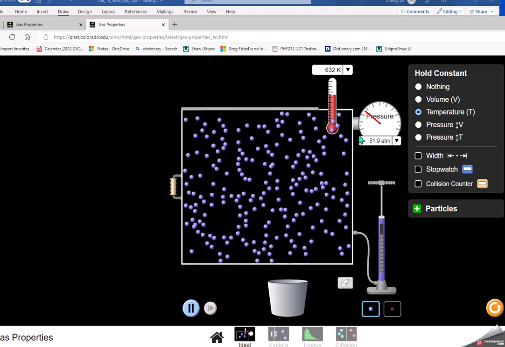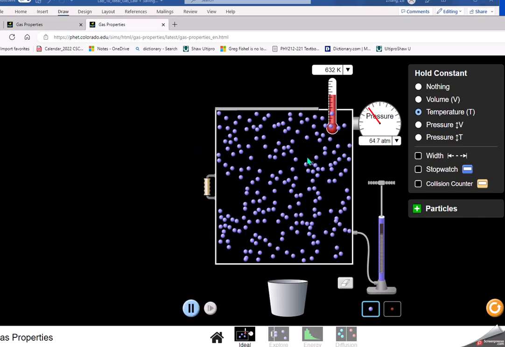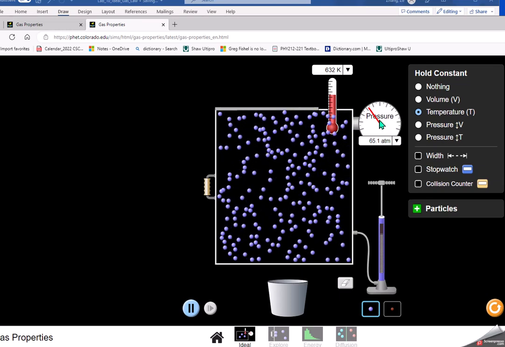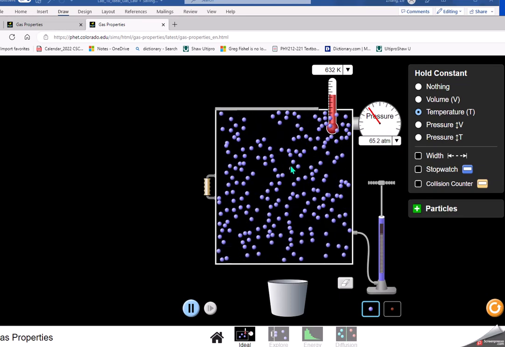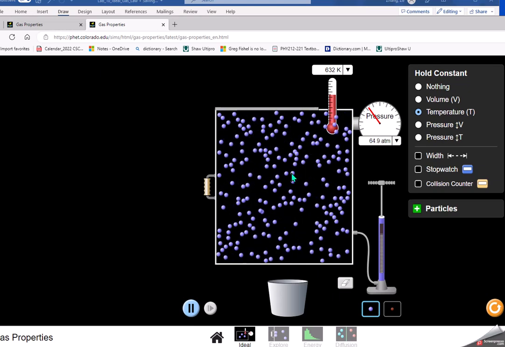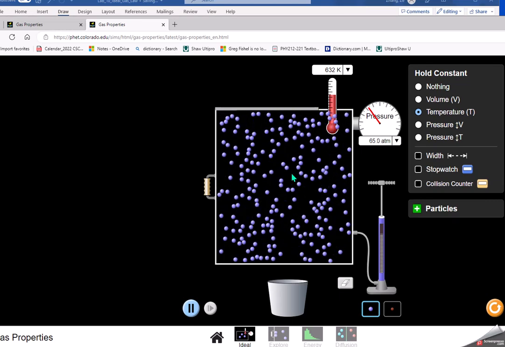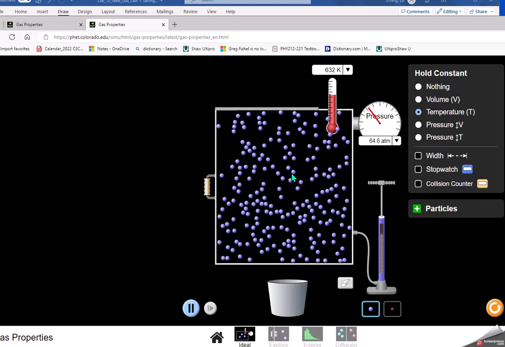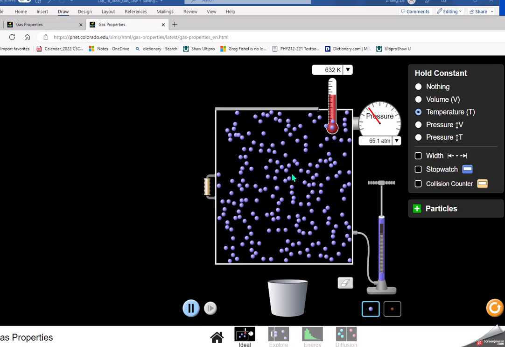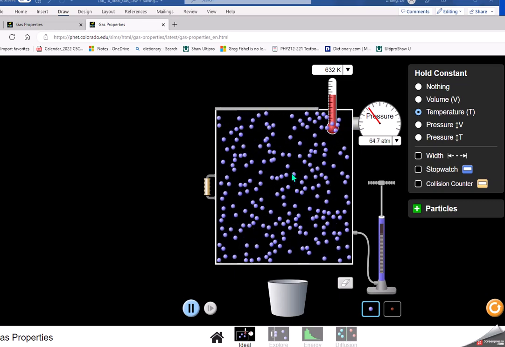Now see it's 51. Now you make it smaller. See, it's higher, at the same temperature, which means the same average speed. Why is that? I think you can see that the particles are hitting the wall because the volume is smaller, so the area is smaller, but the same number of particles is more dense.